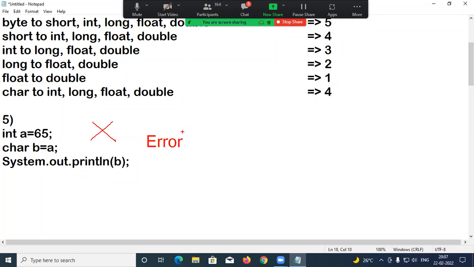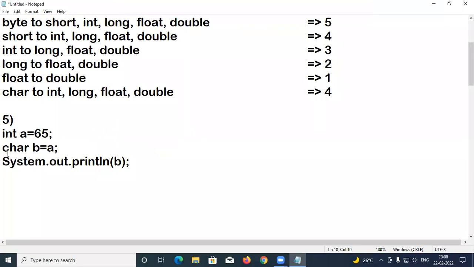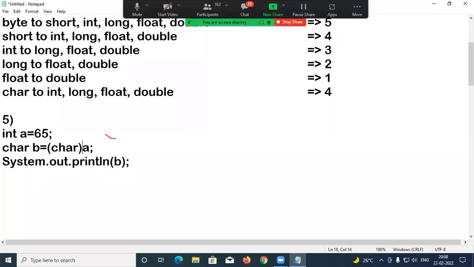Now, can we solve this error? What have we tried in the brackets? Char or integer, what do you write? Char you write. Integer if you write, again error only. By mistake if you write integer, again error only. So it is valid. But what will the output be?